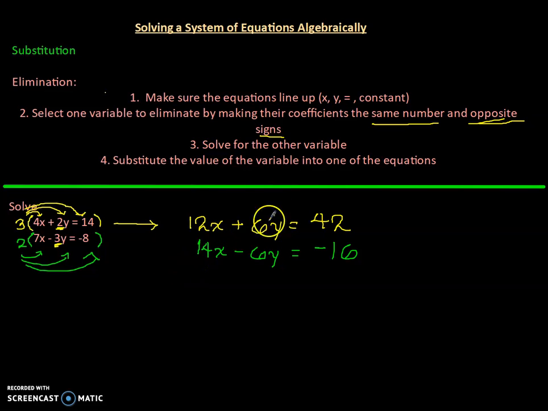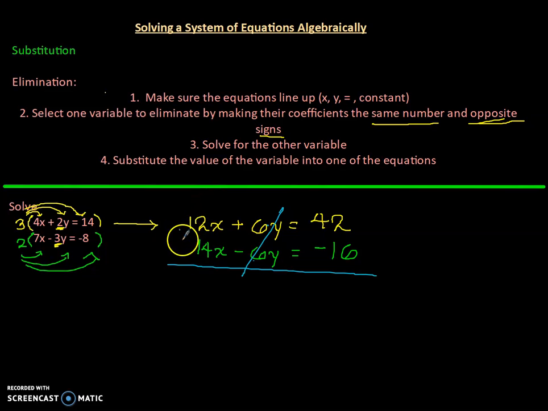The reason why we want in step 2 for them to be the same number and opposite signs is because when I combine them, notice that 6 minus 6 is 0. So we've eliminated a variable, hence the term elimination.